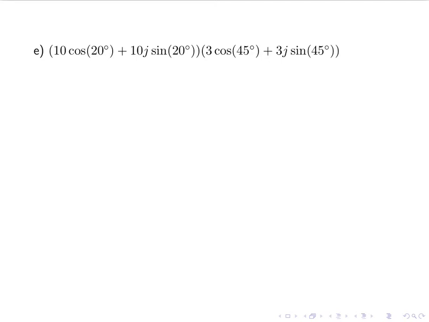So I'm going to translate it into that shortened version. So 10 with an angle of 20 degrees and 3 with an angle of 45 degrees. Now I want to multiply my r's and add my angles. So it's just 30 with an angle of 65 degrees.